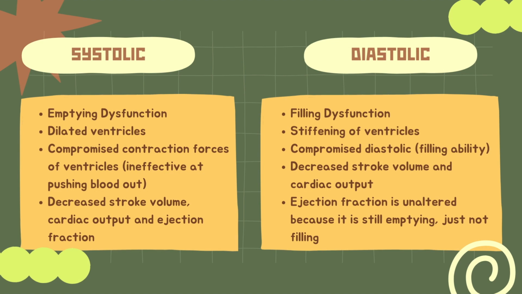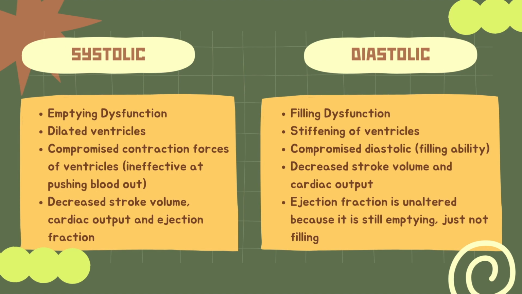Diastolic dysfunction. Diastolic is when the heart is resting and filling, so this is a filling dysfunction. You have stiffening of the ventricles and compromised diastolic or filling ability. Again, filling dysfunction. You will still have a decreased stroke volume and cardiac output because the heart is not able to fill, but the ejection fraction is unaltered because it is still emptying, it's just not filling.